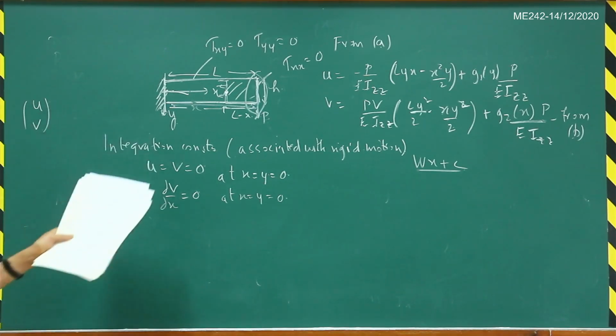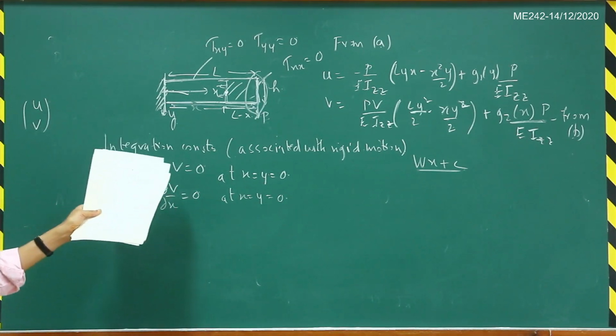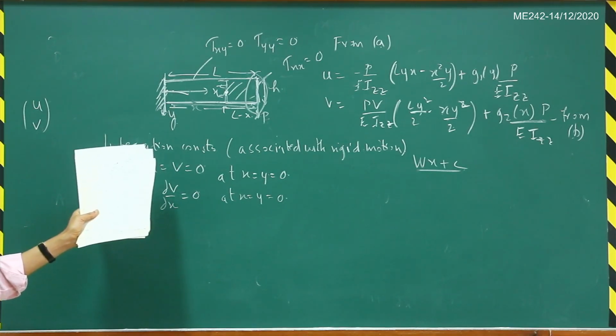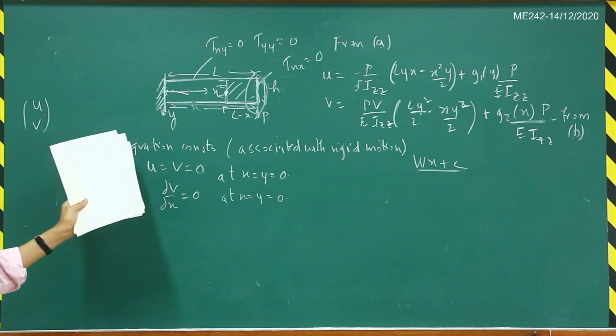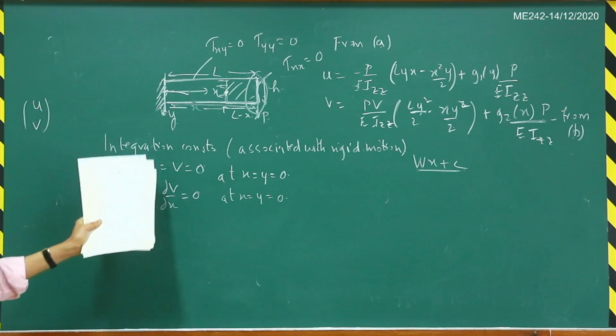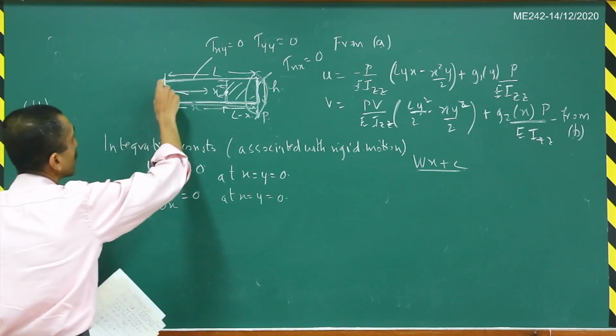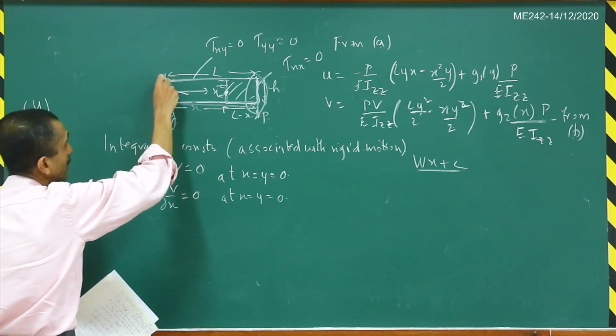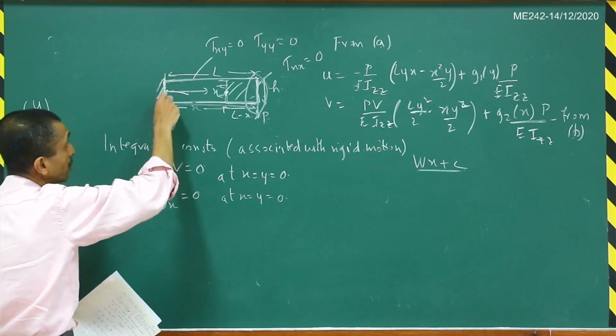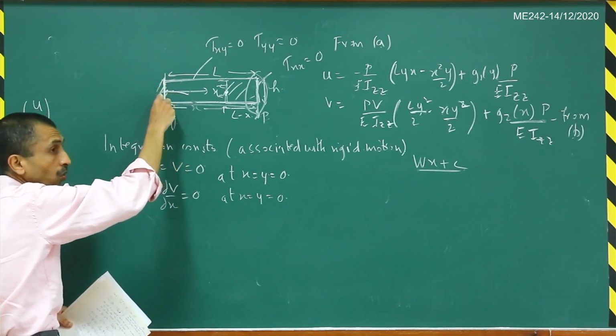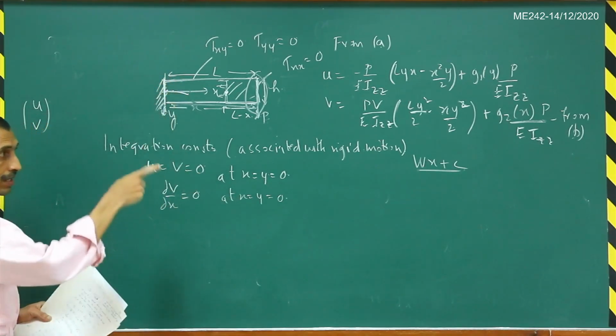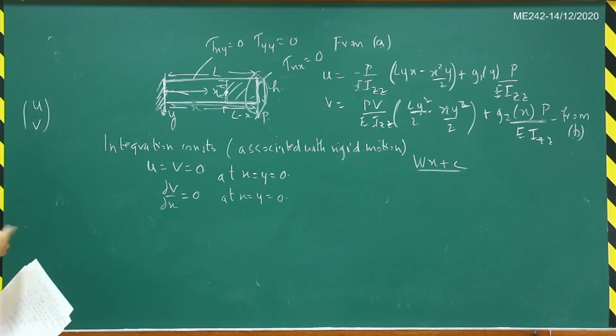The previous example was also like this. In the same way, in this example, if you specify that both u and v displacements should be 0 along this whole edge, you will see that the solution that I am going to present for u and v will not satisfy it.